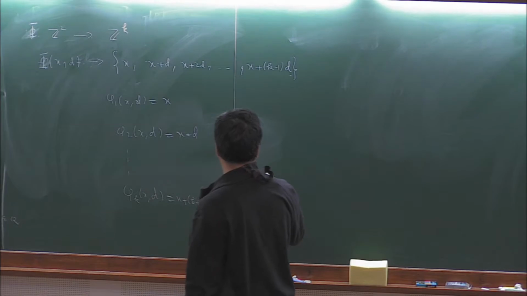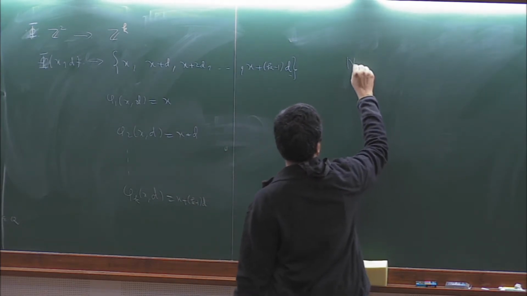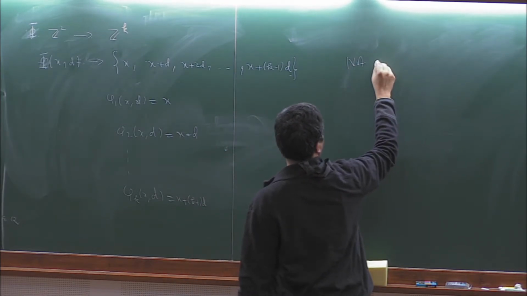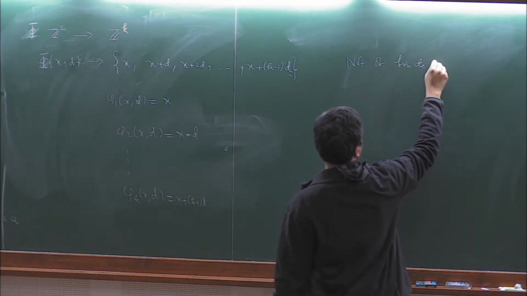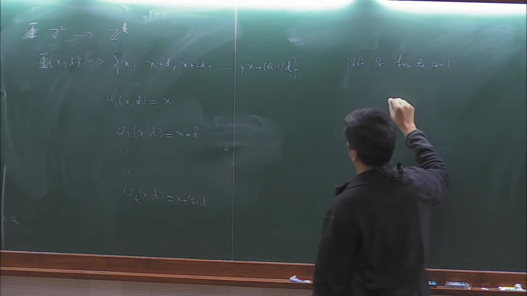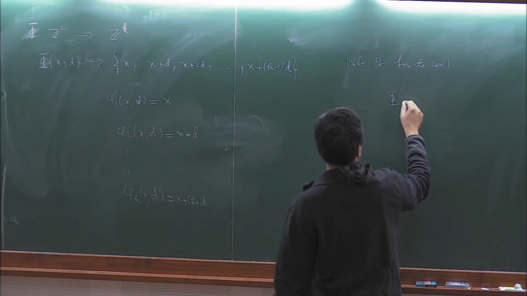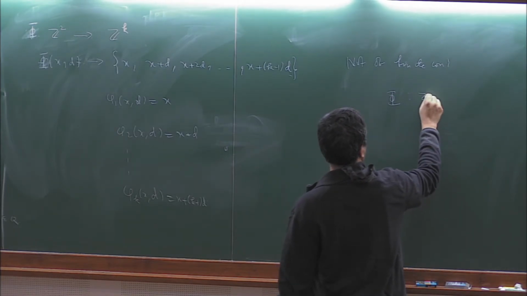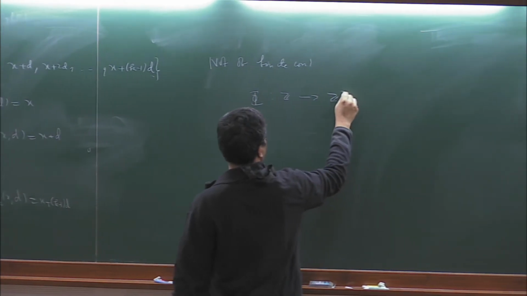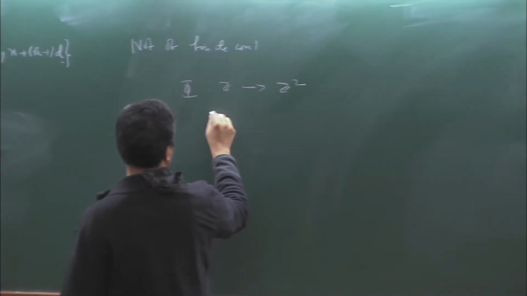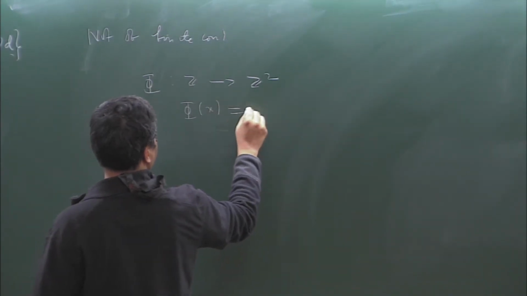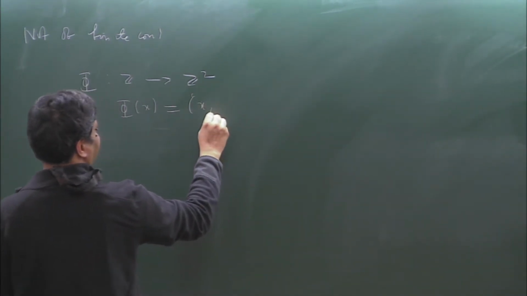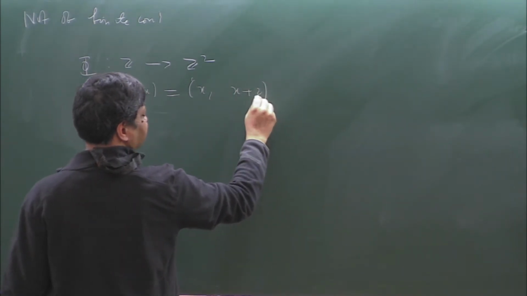So this is finite complexity. If I am giving an example of finite complexity, I should also give one which is not of finite complexity. So if I take phi from Z to Z^2, phi of x goes to x and x plus 2.